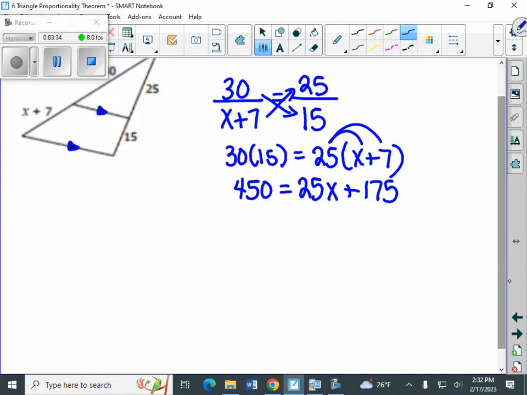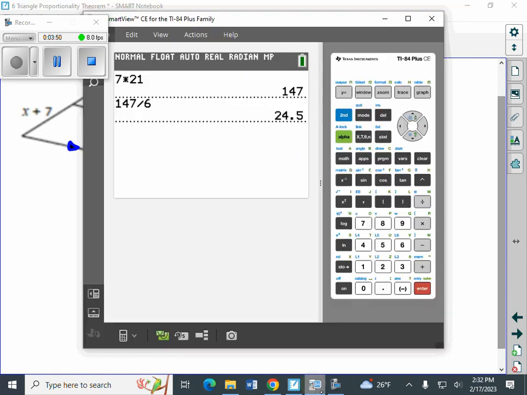And nothing wrong with using decimals or your calculator, whichever is your preference. We need to figure out what x equals, so we're going to subtract 175 from both sides. And when we do, I'll flip over here to the calculator, and 450 minus 175 is 275.